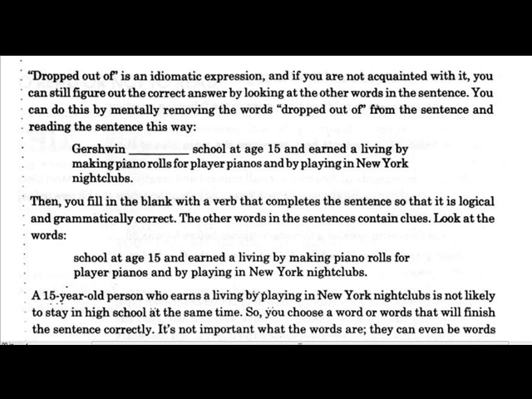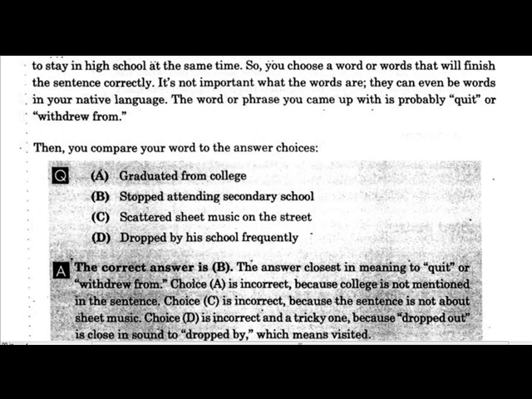So you choose a word or words that will finish the sentence correctly. It's important what the words are, and they can even be words in your own language. A word you could put in there would be quit or withdrew from.